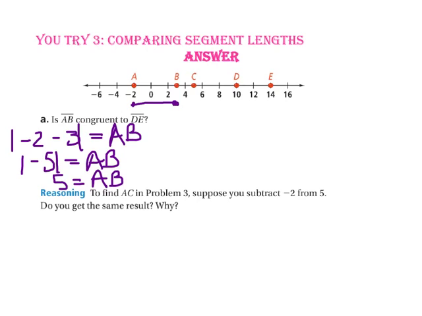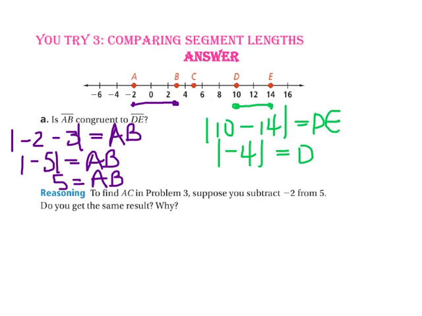Now, let's go over to segment DE. Segment DE starts at point D at coordinate 10 and ends at point E at coordinate 14. Taking the absolute value of the difference, so 10 minus 14, will give me the length of segment DE. Since 10 minus 14 is -4, if we take the absolute value of -4, segment DE is 4 units long.